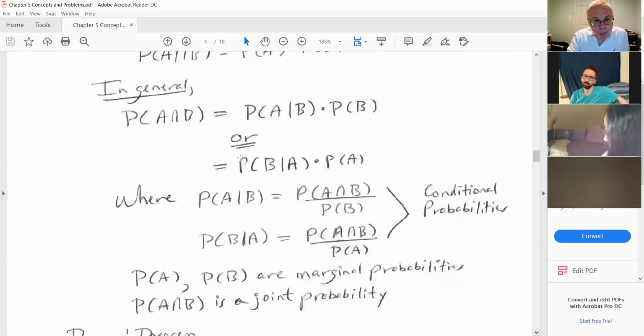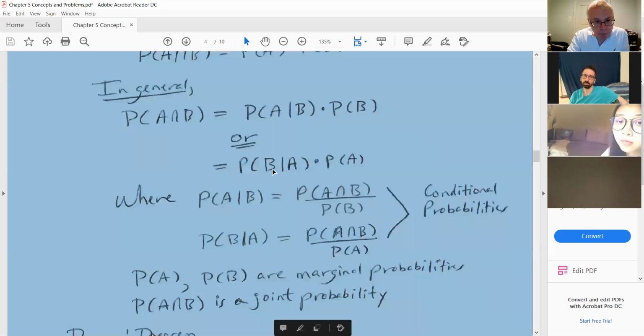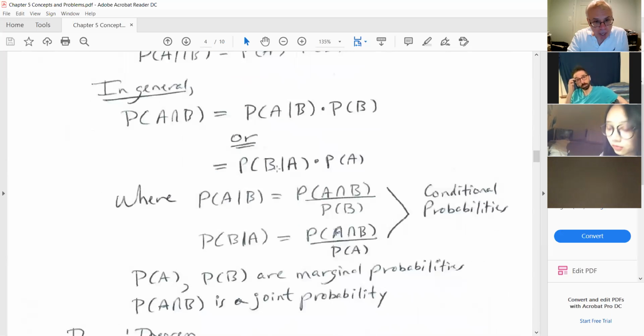These symbols here, the probability of B given A and the probability of A given B, are called conditional probabilities. That is, the probability of something occurring given some other event. So the way to read this one here is the probability of A given event B. This one says the probability of B given event A.